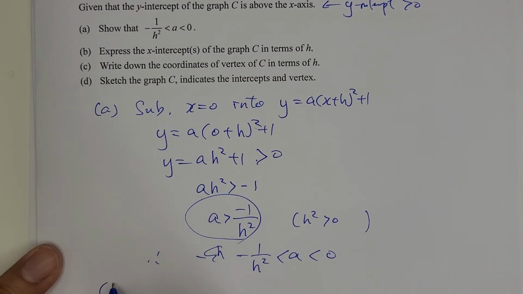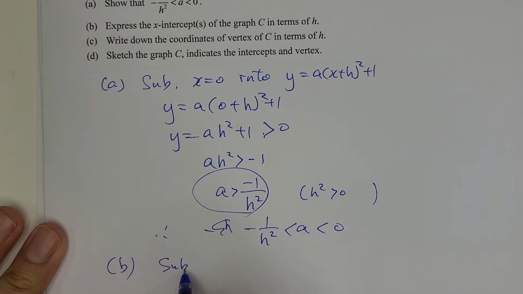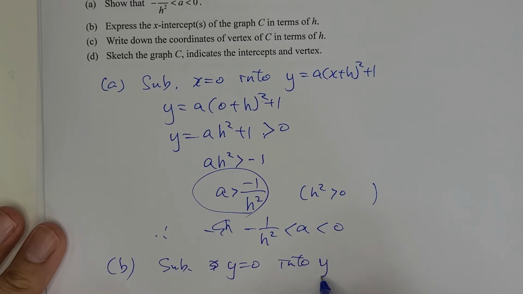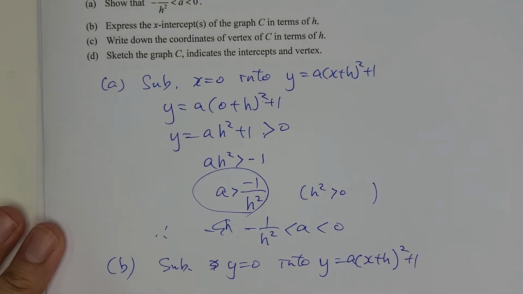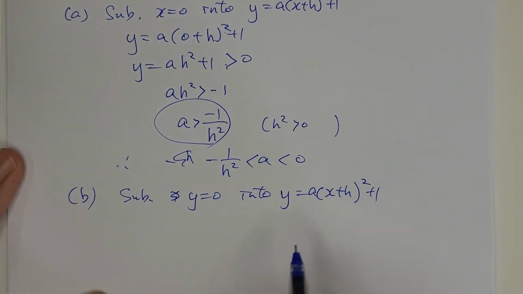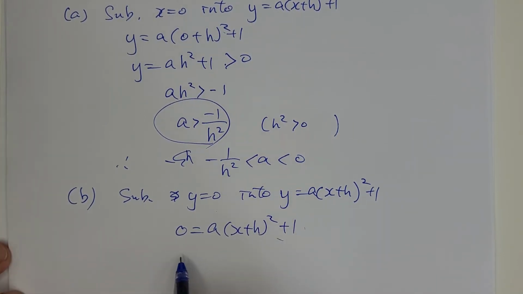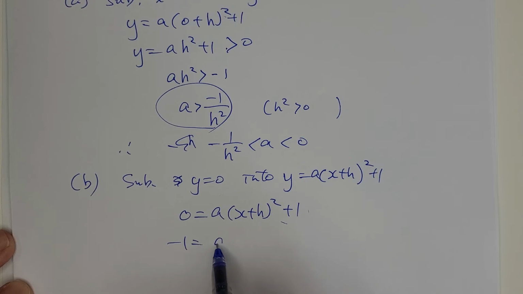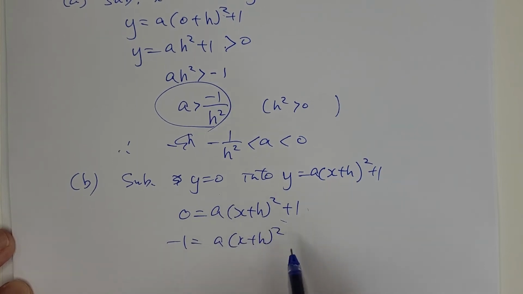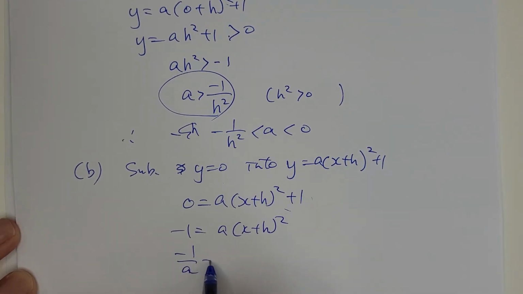And part B, find the x-intercept of the graph C. So quite straightforward. You substitute y equal to 0 into the equation. So what's the next step? That is, y becomes 0 now. And move positive 1 to the other side, becoming negative 1. So negative 1 over a becomes x plus h all squared.